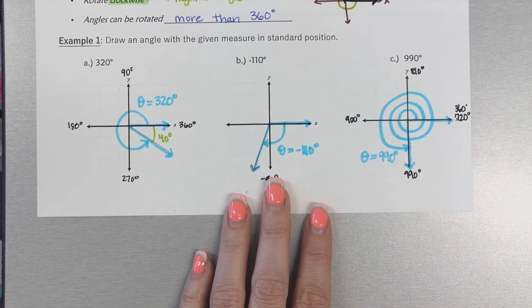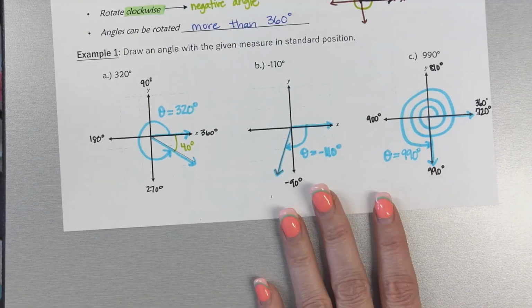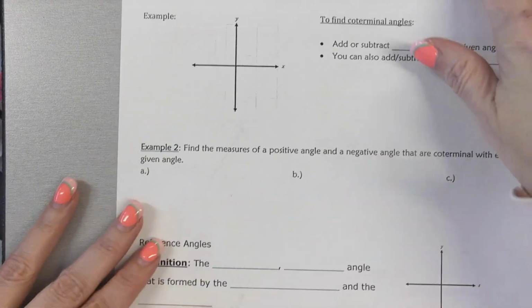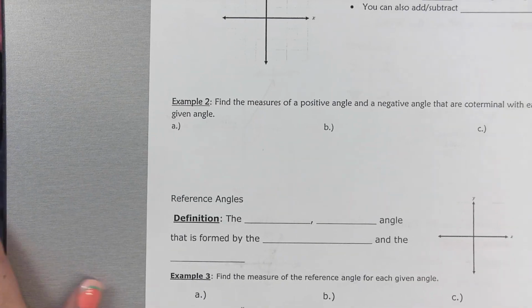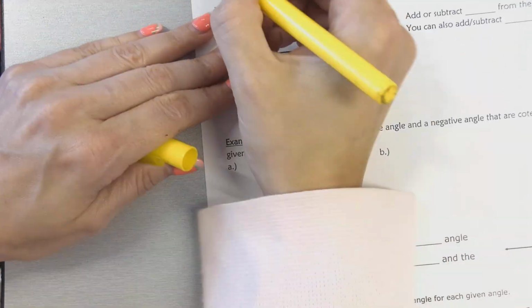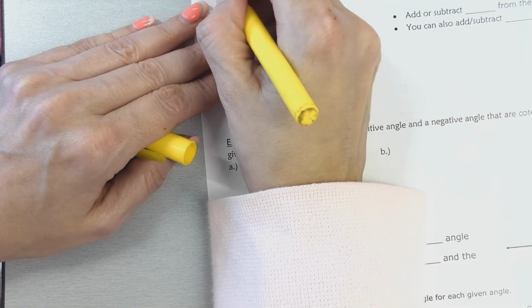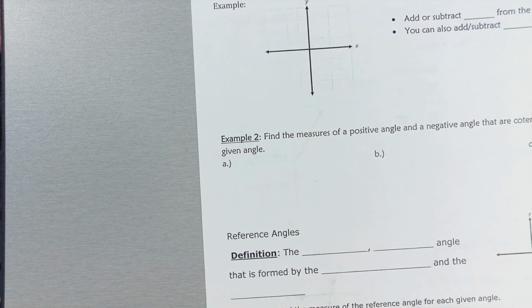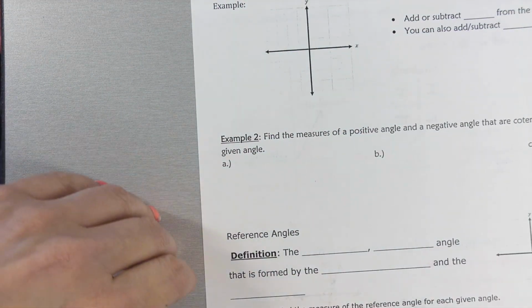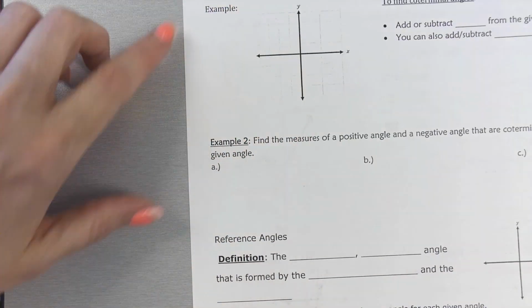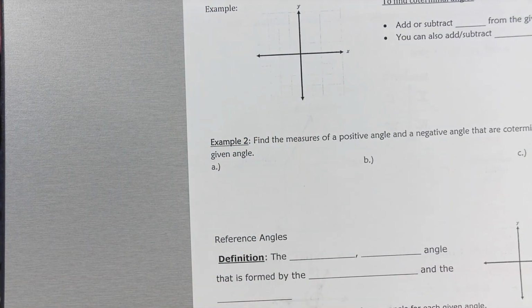Alright, so a lot of the things we're dealing with are going to have some special notations, some special vocab words, and one of those is co-terminal angles. So think of that prefix co, right? If I'm co-workers with somebody, what is that? Together, right? We work together. So co means something's going to happen together, okay?